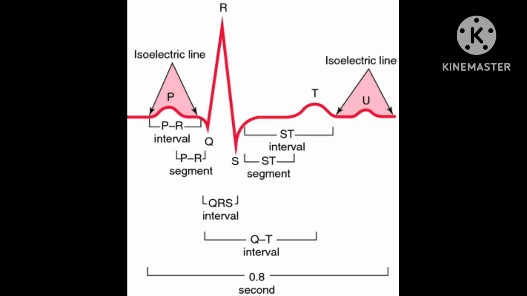That time is called the PR interval. PR interval represents the time required for an impulse to travel through the atria and AV node to reach the ventricles.